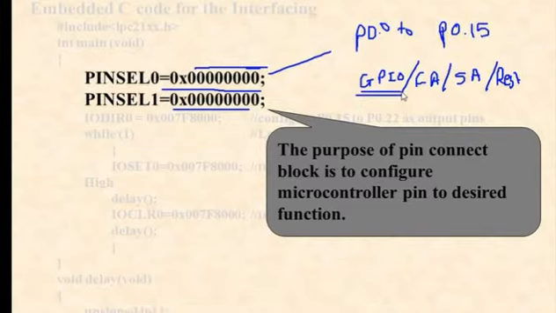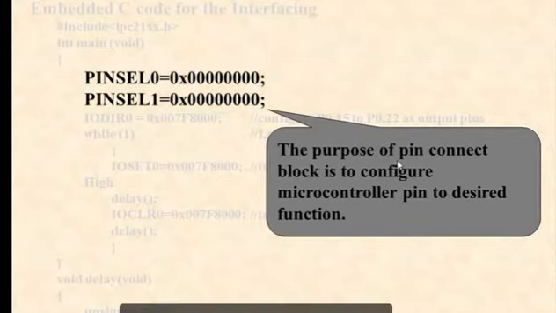When you reset the microcontroller, these two bits by default become 0. So using these two instructions, you can make any pin input or output.